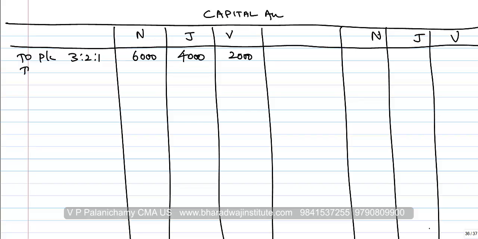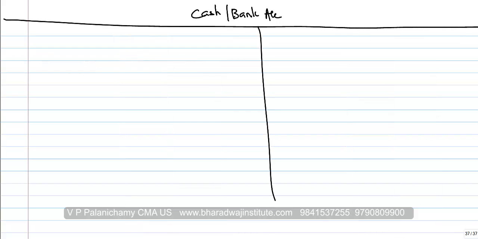To current account, Veera's current account will be transferred to capital account. How much? 56,000. Bank balance will be to balance brought down.